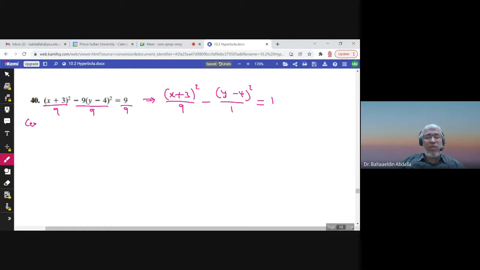So what is the center? The center is negative 3 and 4. 3 units right and left. 1 unit up and down.